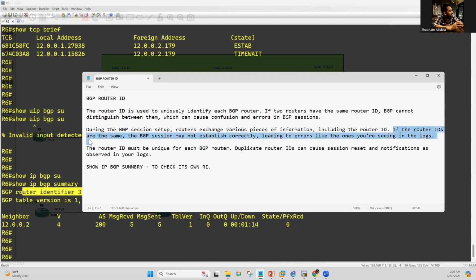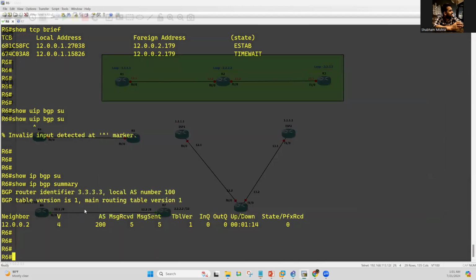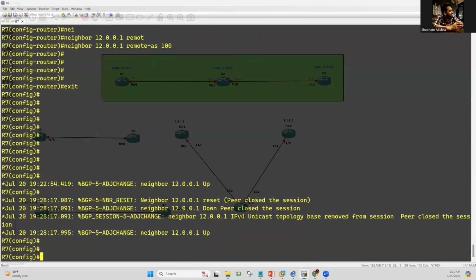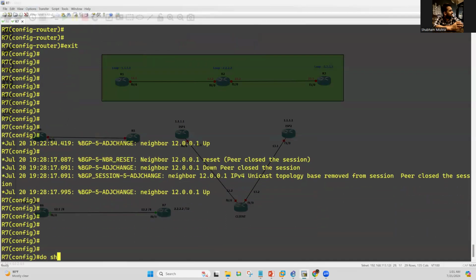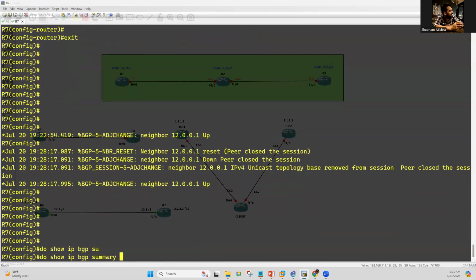So if router IDs are the same, BGP sessions may not be established correctly and you will get multiple notification messages or notification logs. Getting my point? If you don't believe, I can show you. See, on R6, what is the router ID here? 3.3.3.3. Come on, R7. Do show IP BGP summary.